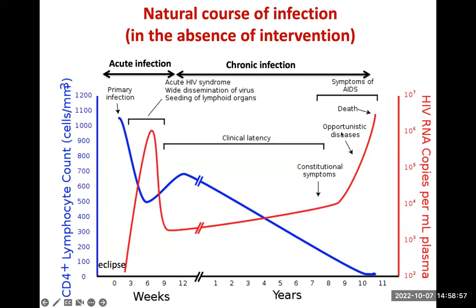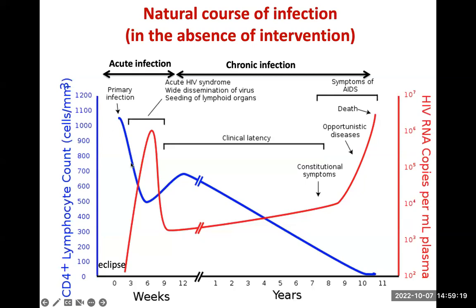Because HIV has just knocked out all the CD4s and therefore in the process knocked out other immune responses and allowed every other disease to come up as an opportunistic disease. So during primary infection, which is during the acute infection, you get a sharp decline in CD4 T cells.